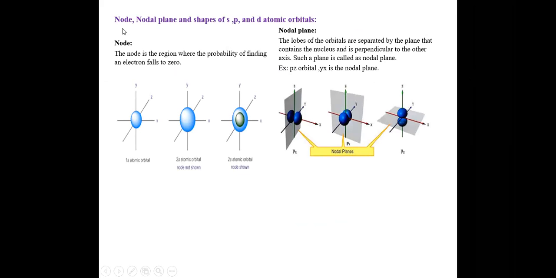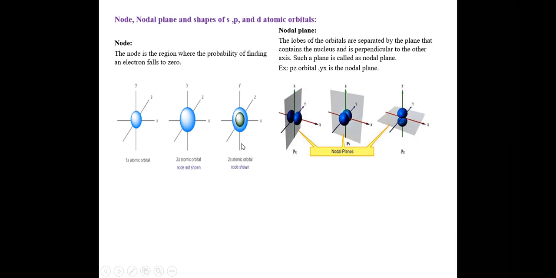First, we'll see what a node is. A node is the region where the probability of finding an electron falls to zero. See here, this is the 1s atomic orbital. Here you are not observing any node. This is also the 2s atomic orbital.